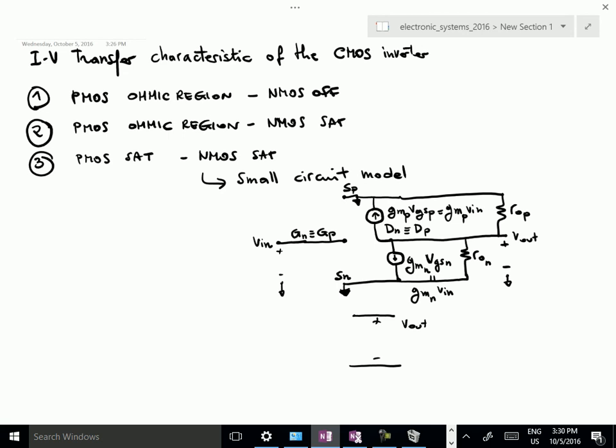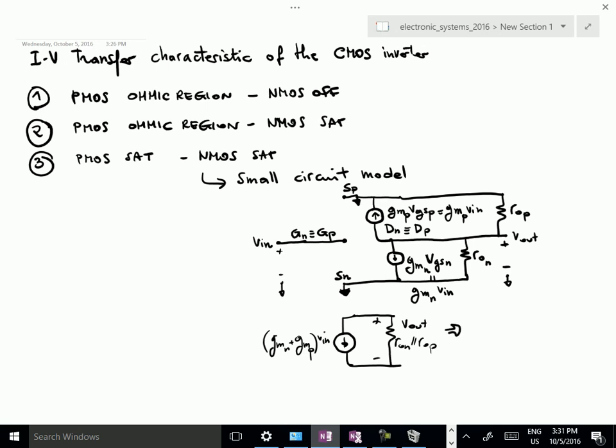We have a single current generator equal to GMN plus GMP times V in, and the single resistor equal to RON in parallel to ROP.